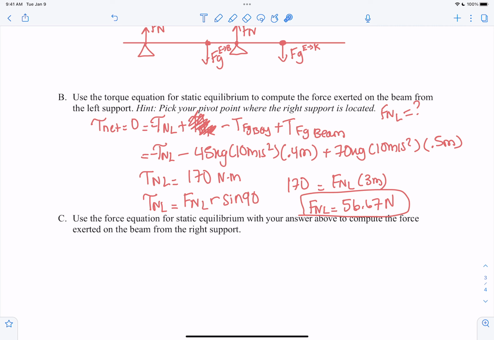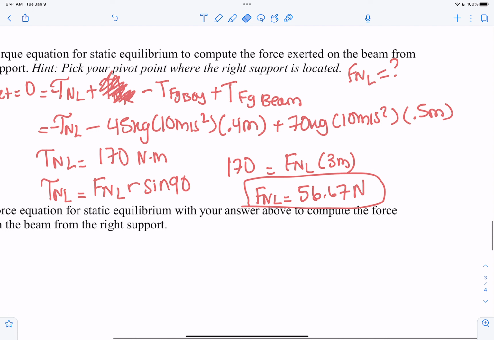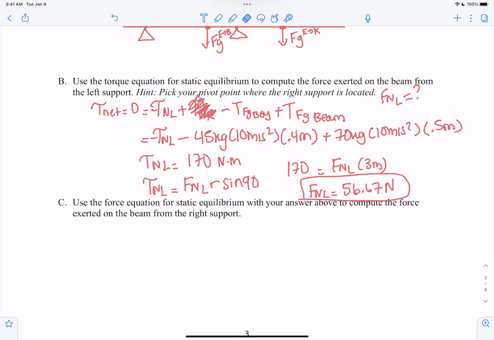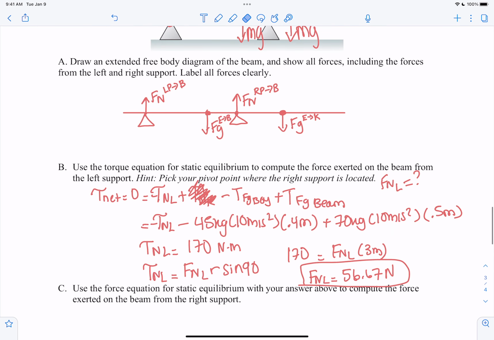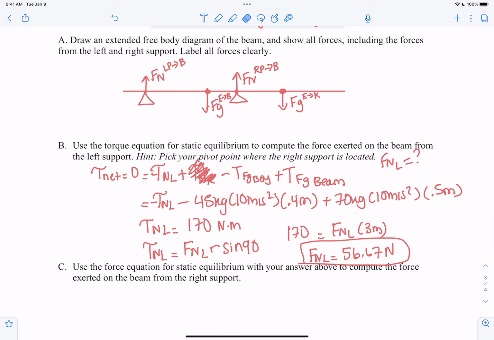But if we were to just ask what the torque is on the normal force here for the left support, it should be negative torque there. And so in that case, this should also be a negative force technically, I guess, but since it's directed in the positive direction, we should keep it positive, basically. Since it's along the positive y-axis.